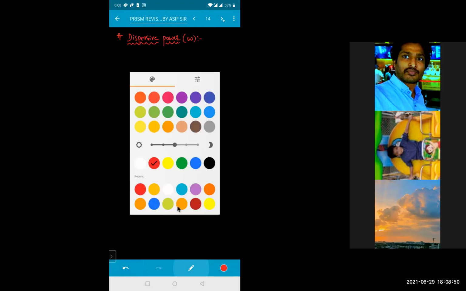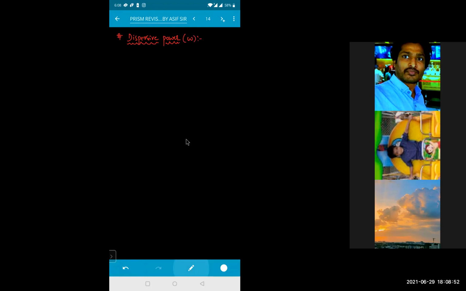It is the ratio of the angular dispersion to the mean deviation produced by the prism.